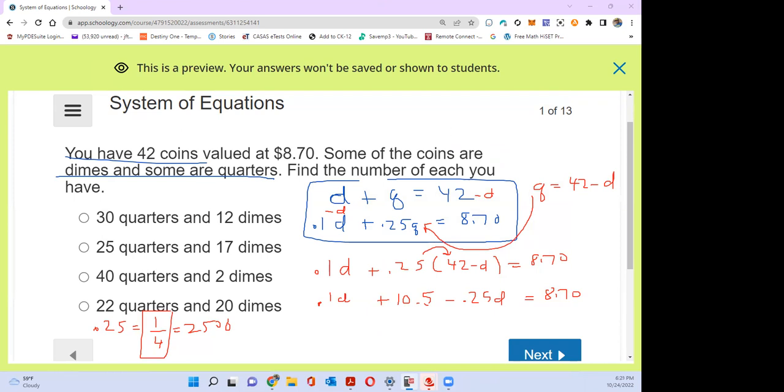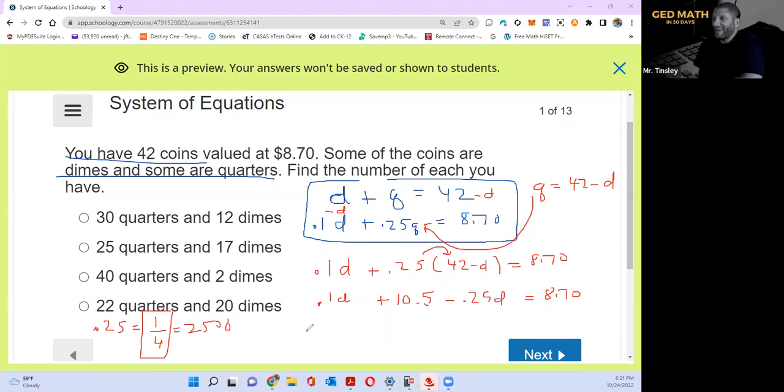Not negative 2.4. You did 0.25 minus 0.01. It's 0.1 minus 0.25. Oh, I'm sorry. It's 0.15.